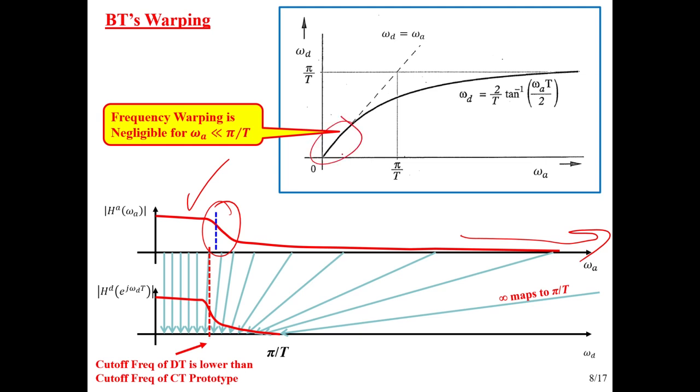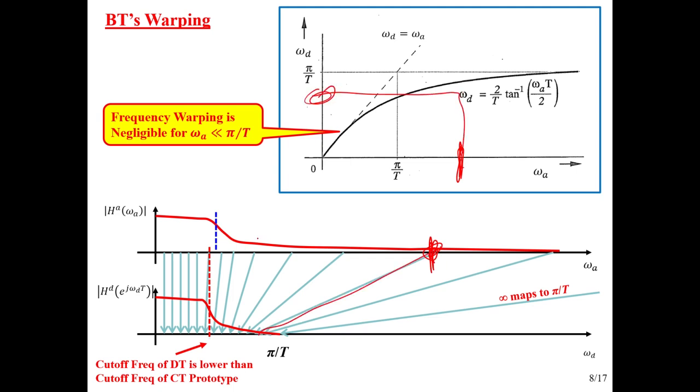At low frequencies, things map almost perfectly one-to-one. So down here, this frequency maps to this frequency. So that means this point ends up there. And this frequency maps to this frequency. So that ends up there. And so on. But as we look further out, this frequency here maps all the way in to here.